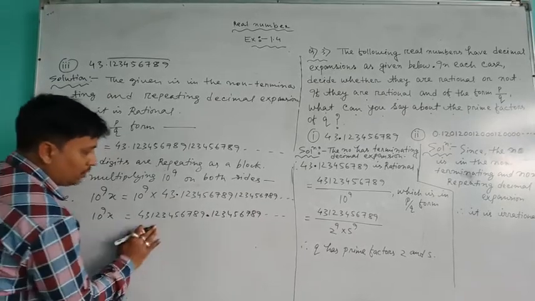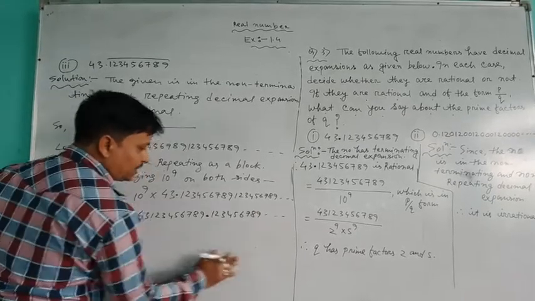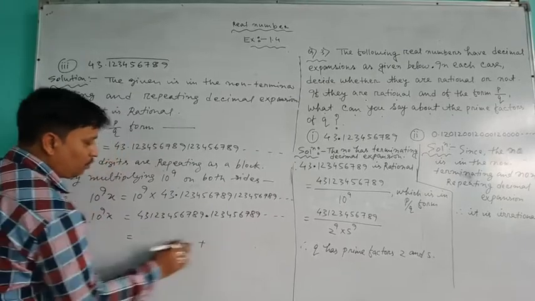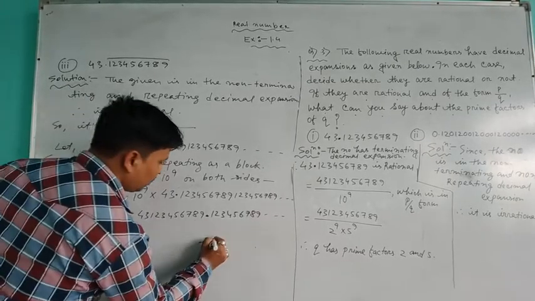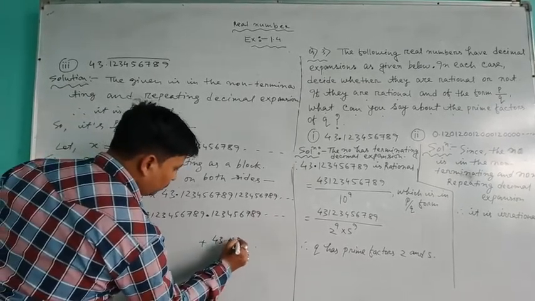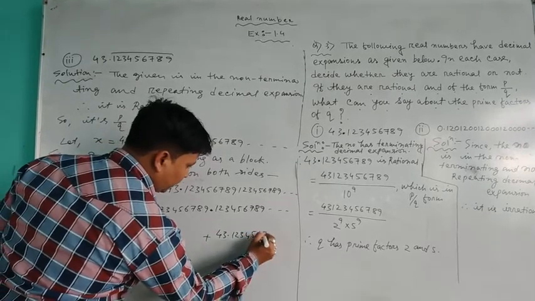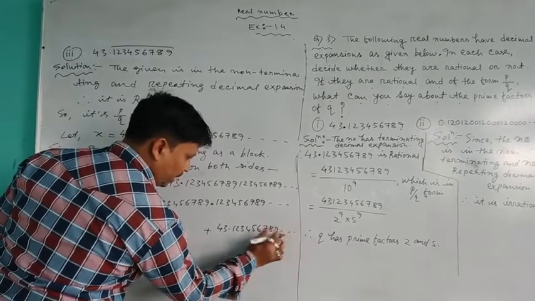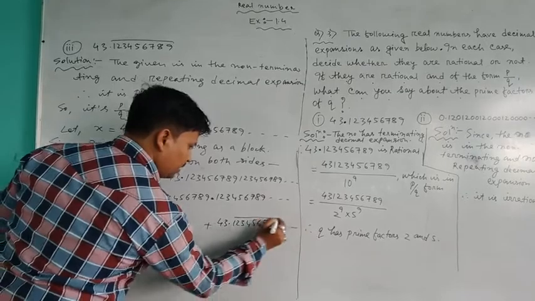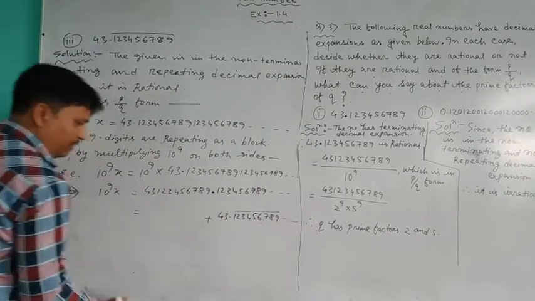Then this number you have to express as the sum of the given number and another number. The given number is 43.123456789 repeating, which means this block is again repeating.